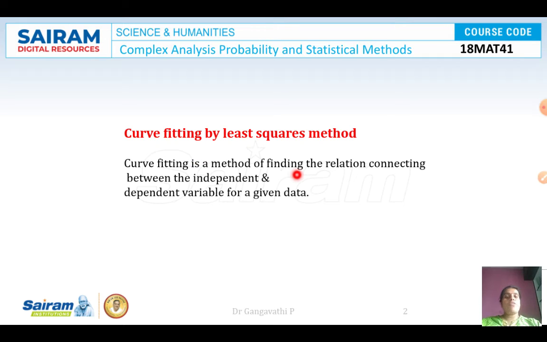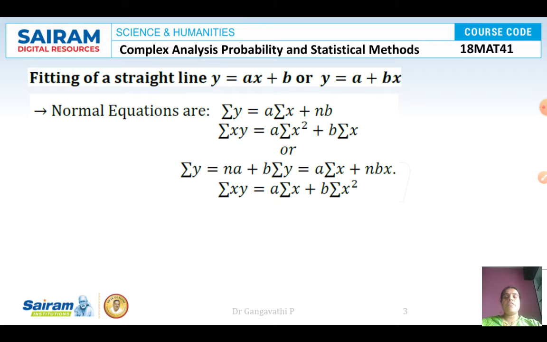The given data will have x and y, so we have to find an equation which suits that data, and that is the curve of best fit to the given data. The process is called curve fitting.